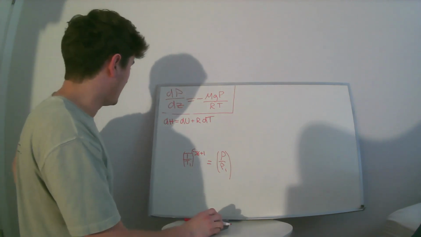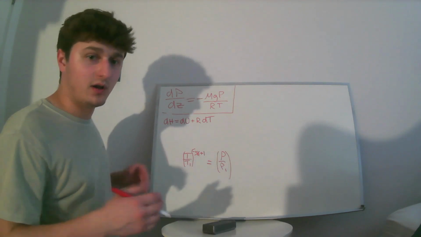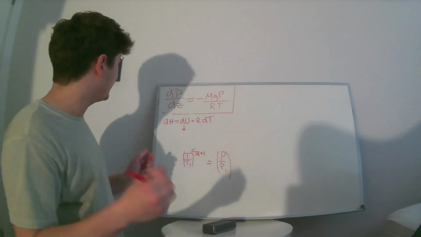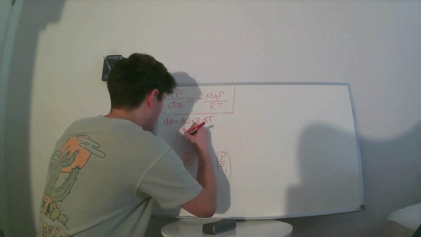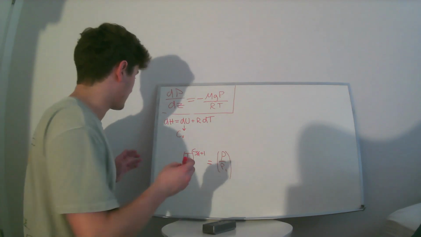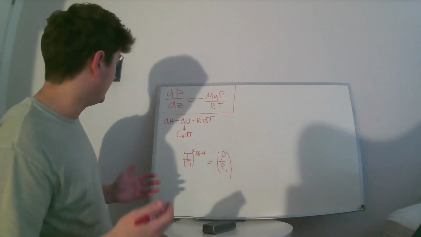Now, if we're looking at this, we already know what dU was from before. I believe it was Cv dT, the specific heat at a specific volume multiplied by dT.